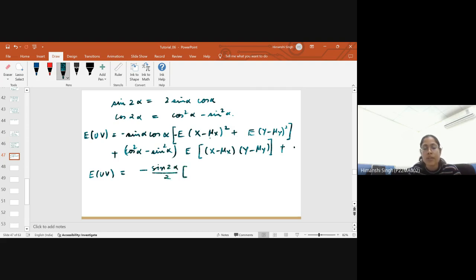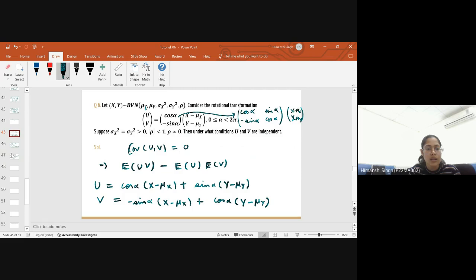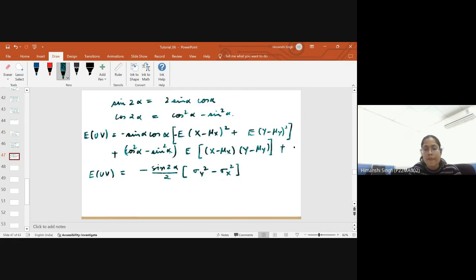Now here you can see that this is nothing but sigma y square, that is expected value of y minus mu y whole square, that is sigma y square, and this is nothing but sigma x square. Now this term cos square alpha minus sine square alpha, I am taking it as cos 2 alpha. So it is plus cos 2 alpha into, now what is this?